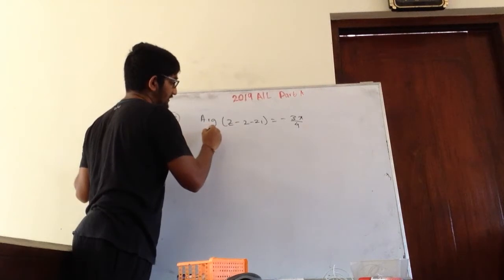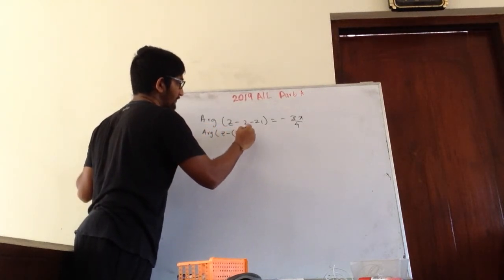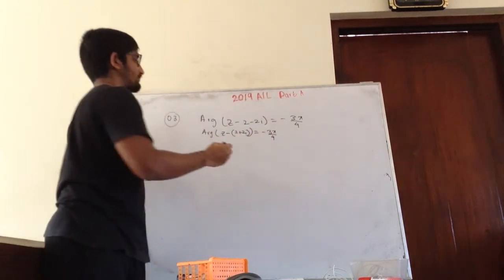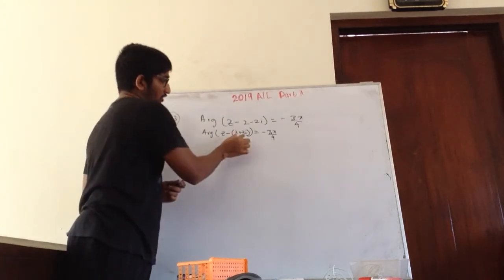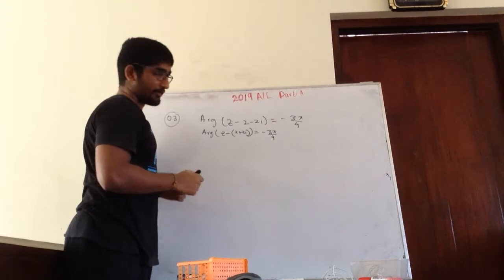So here I can write this as argument of z minus 2 plus 2i equals minus 3 pi over 4. So now this is the point. This is the angle.